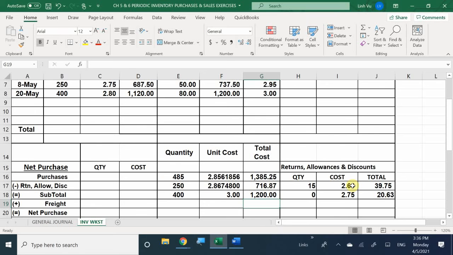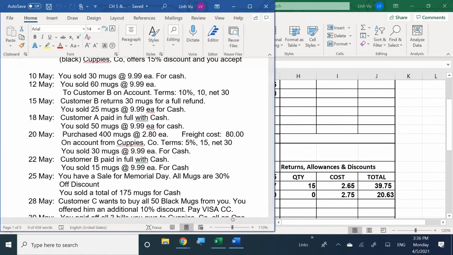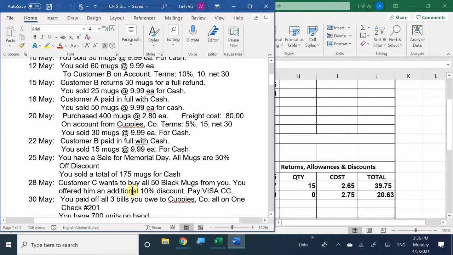Okay. So going back to the scenario, what has happened on the 25th of May? We had a sale, all mugs are 30% off, and we end up selling 175.